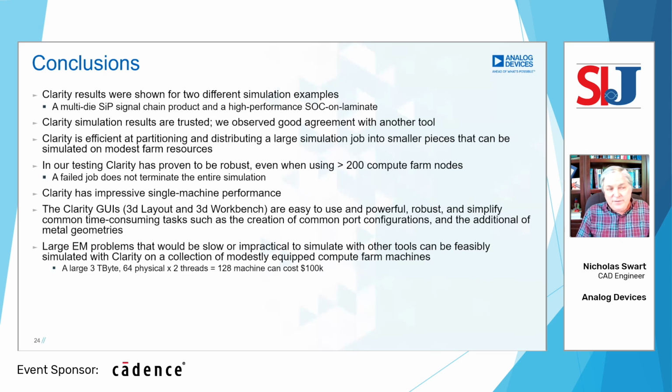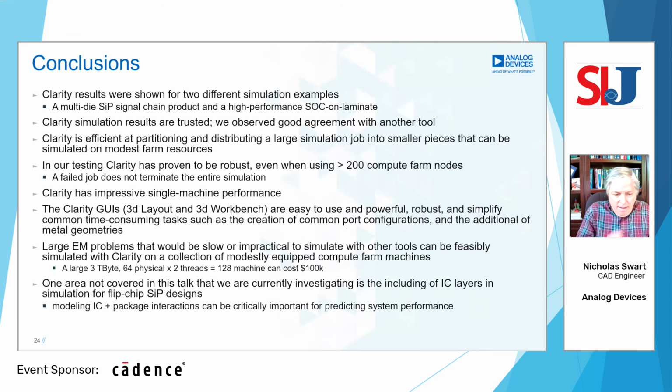So if you're trying to solve system-level electromagnetics on single dedicated machines, it gets very, very costly. You can run into the $100,000 type of machine. And even then, you may not be able to solve the problem. And then one area not covered in this talk, but that we're looking at now, is the inclusion of IC layers.